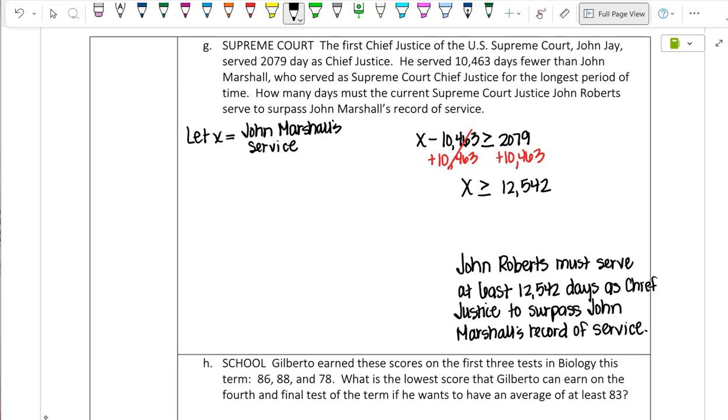So he is still over 5,000 days away from that record. And yet that's over 20 years that he's already been the Chief Justice, just to show you how long John Marshall had to have been in service.